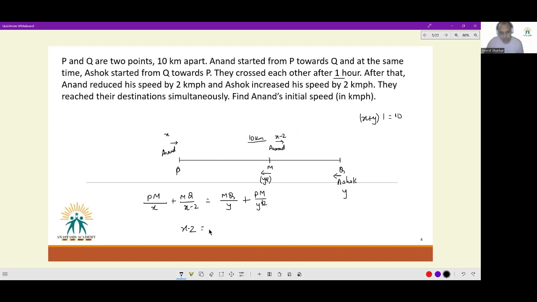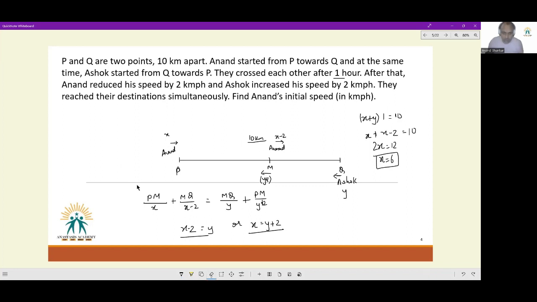If you're able to arrive at these conclusions, then going back to the original equation, X plus X minus 2 is equal to 10, or 2X is equal to 12, or X is equal to 6. If you can make that observation.